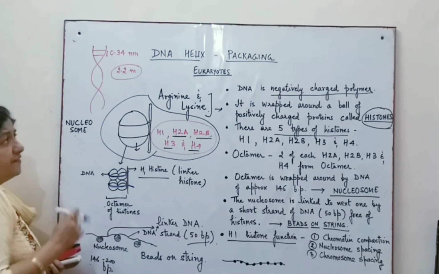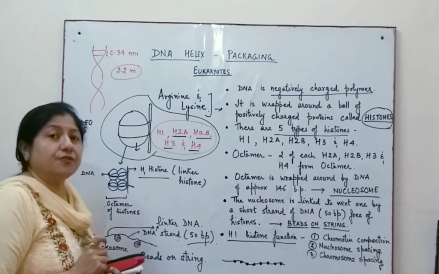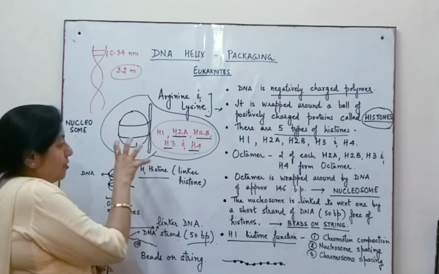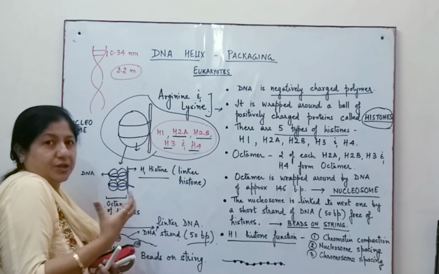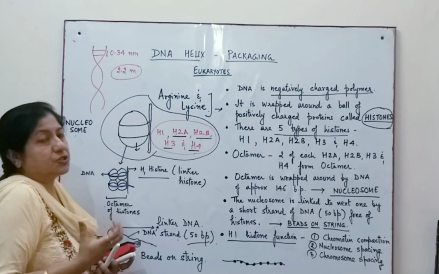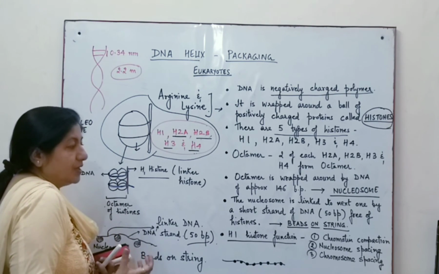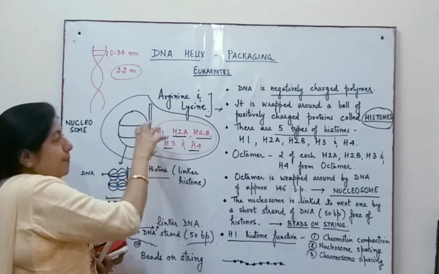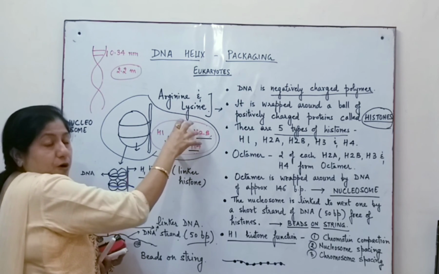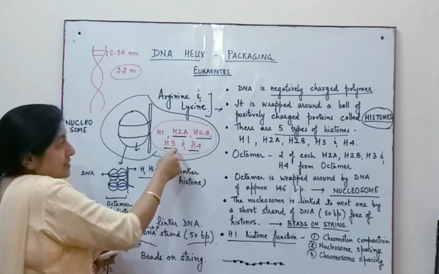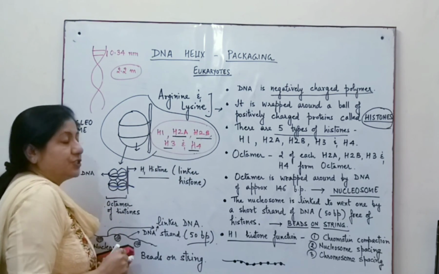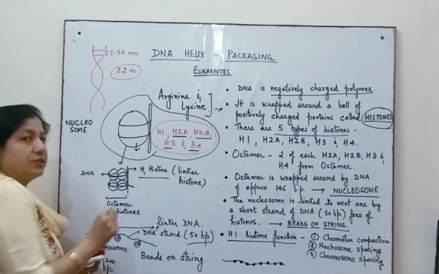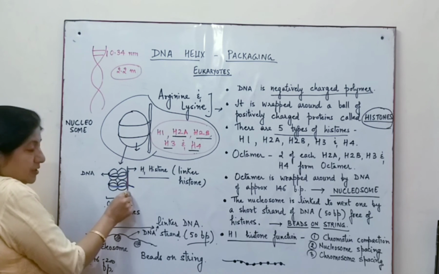So we find that in eukaryotes, the structure the DNA presents is a bead on string model. The octamer is formed mainly by the 4 types of histone proteins, H2A, H2B, H3 and H4, and the H1 protein holds the octamer together.